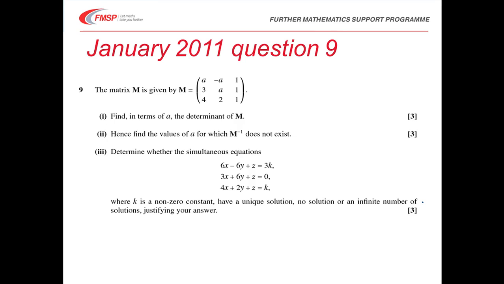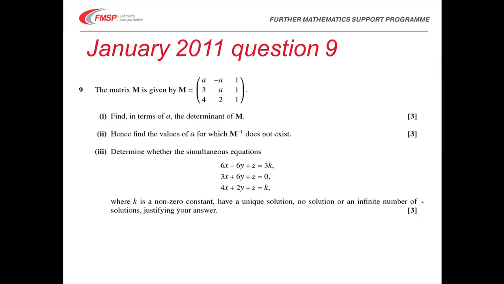So we'll now look at a question involving 3 by 3 matrices. This is question 9, so it's a longer question worth 9 marks. If we just read through the question first of all, and then we'll break it down into bits.